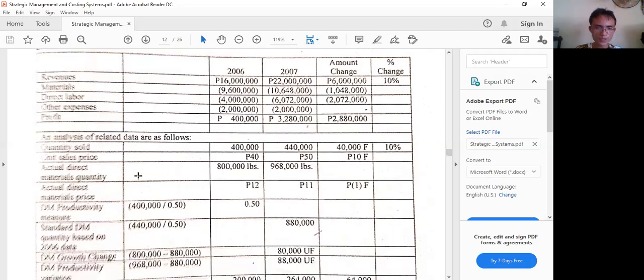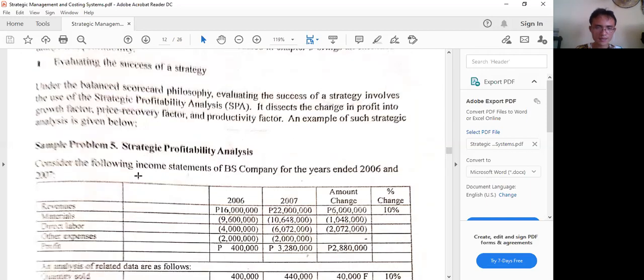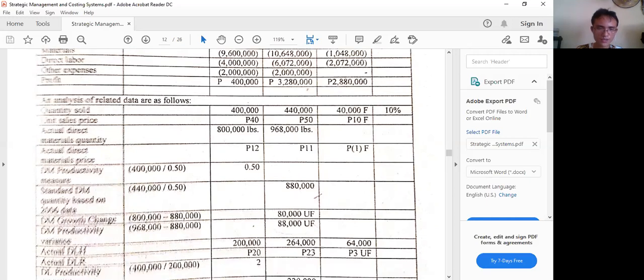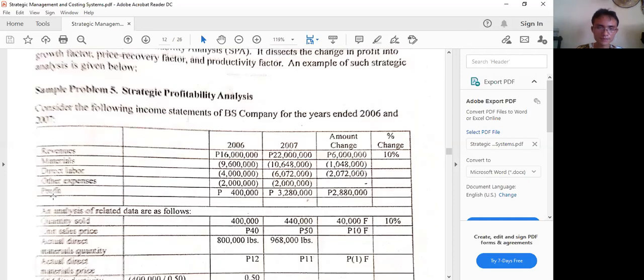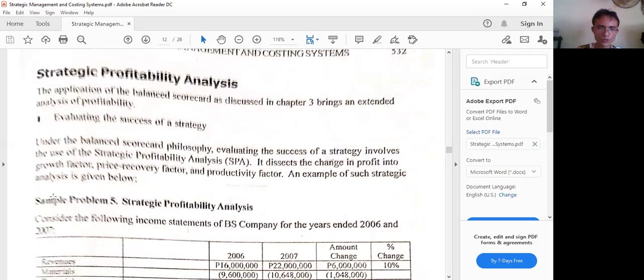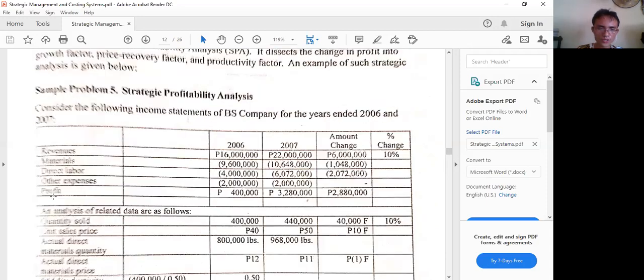400,000 divided by 0.50. And then we have here also standard DM quantity based on 2006 sales. So that's 440,000. Okay, so this could be erroneous, right? So this is the DM, our concern.